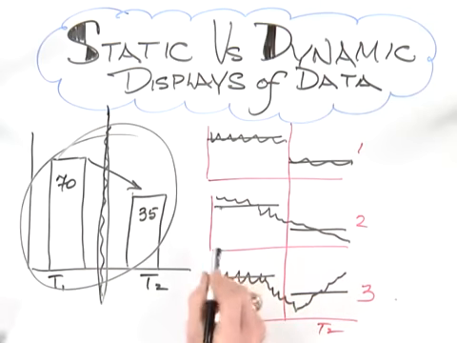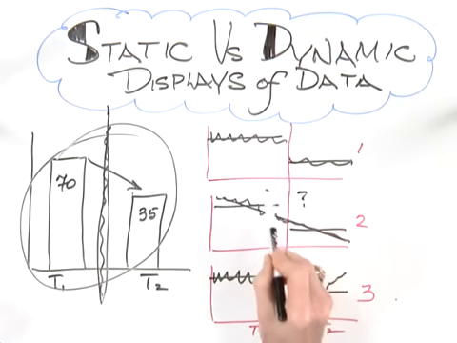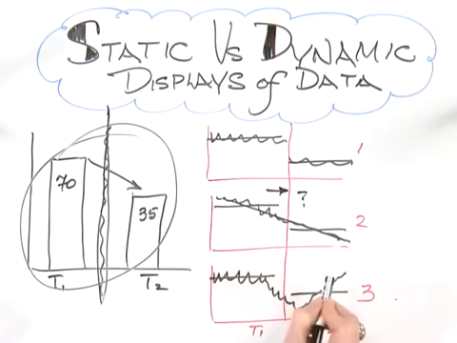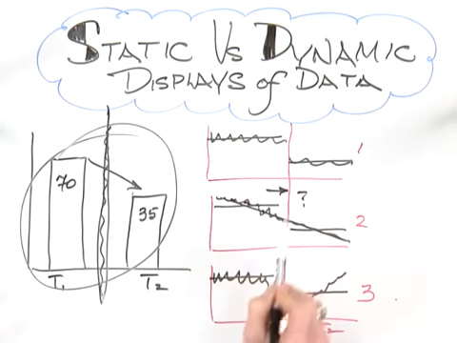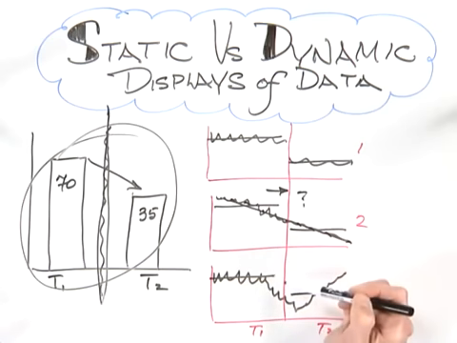I oftentimes get people saying Unit 2 because they see what some would call a downward trend. I could put a regression line on that and call that a downward trend. Well, in fact, it is getting lower, but the question is, did the intervention that we did right here have an effect on the process and its variation? The answer is no. It was getting better, and it continued getting better, but there was no response to the intervention.